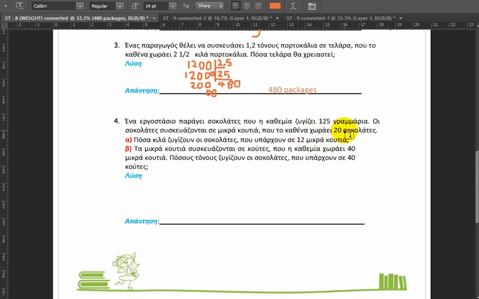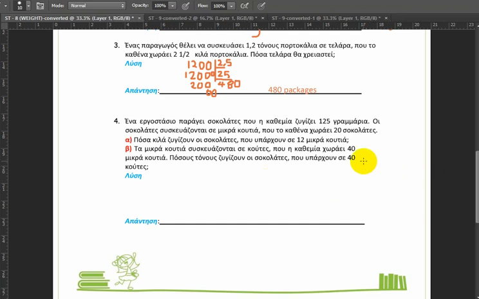So 12 times 20 would give me 240, so I'm going to have to do 125 times 240. Let's write that down. 125 times 240. Okay, let's go.